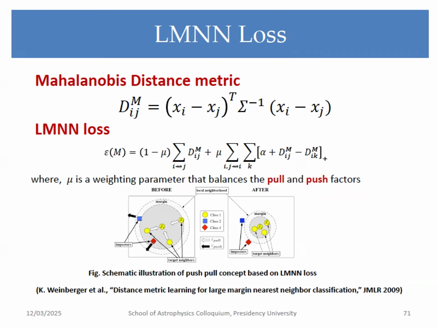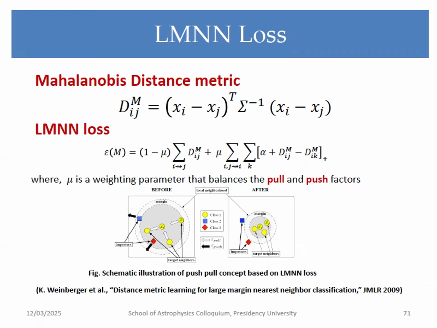So what is this? The principle is from this picture. What we have is something known as push-pull. As you can see here, the yellow circles are samples from one class. And then there are the blue and red ones.